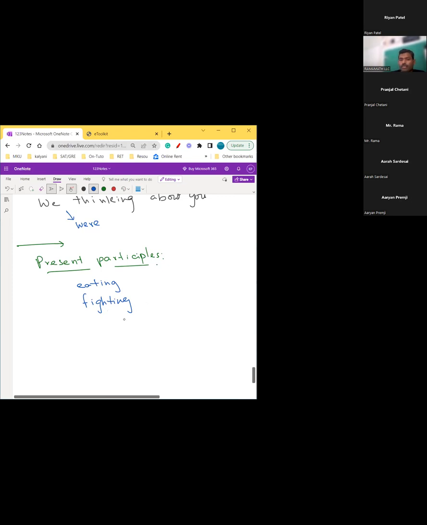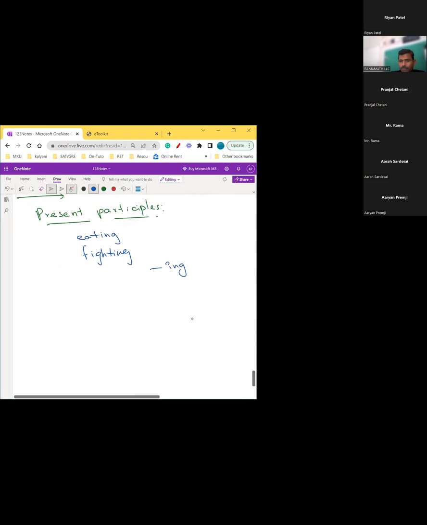Anything like that, mostly they end with -ing. Okay, these you can see as present participles. Mostly you see them ending with -ing. So those are called present participles.